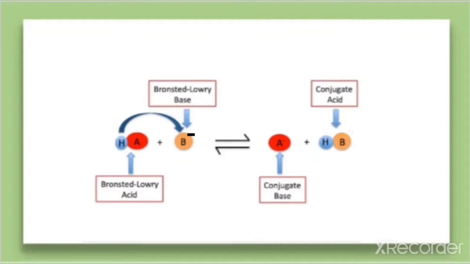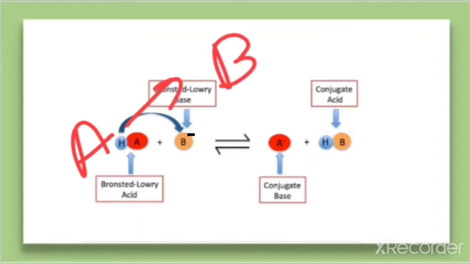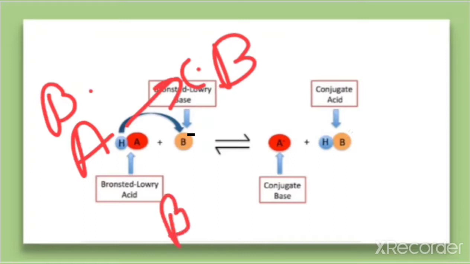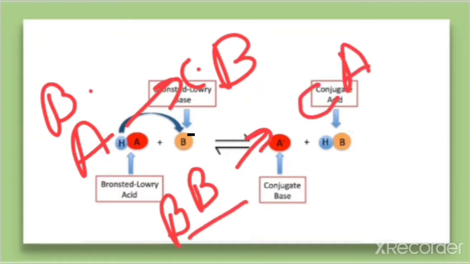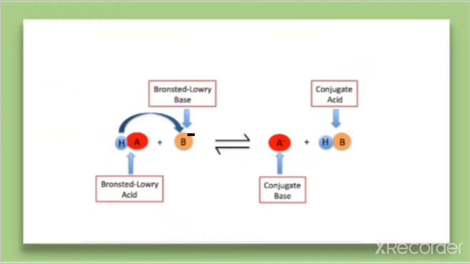So according to the Bronsted-Lowry concept, the Bronsted acid, BA in short, turns into the conjugate base, that is CB, and the Bronsted base gives rise to the conjugate acid. So in short, the base gives rise to an acid, and the acid gives rise to a base.